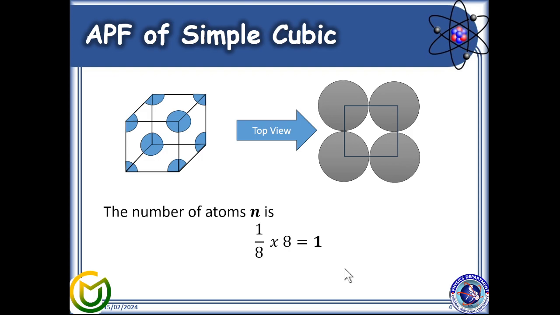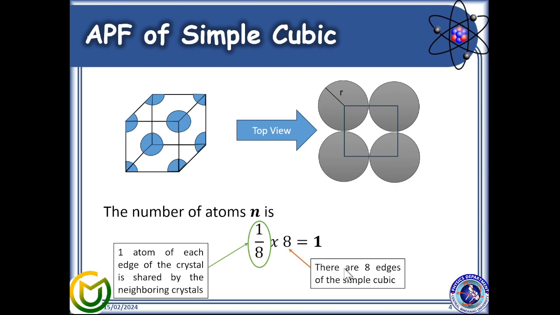Note that there are 8 corners in a simple cubic, and 1 atom is placed on each corner. So this 1 atom is shared by the neighboring unit cells, thus obtaining a fraction of 1/8. Overall, the number of atoms in a simple cubic is just 1.